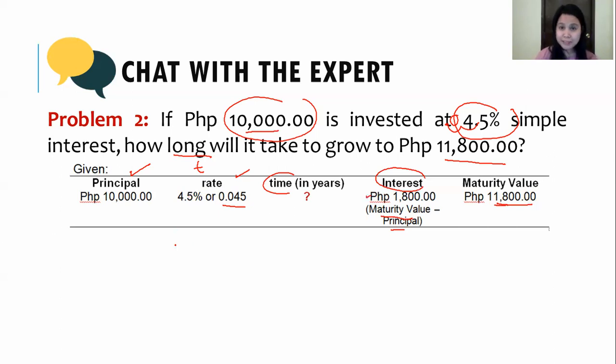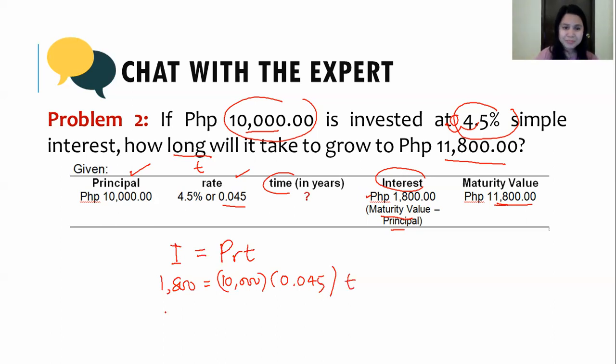Now we'll solve for the time. Remember that our formula is only one. Interest equals principal times rate times time. Actually, there are many derivations to this formula, but I'll just use this main formula. The interest is 1,800. Our principal is 10,000. Our rate is 0.045. Then times the time.